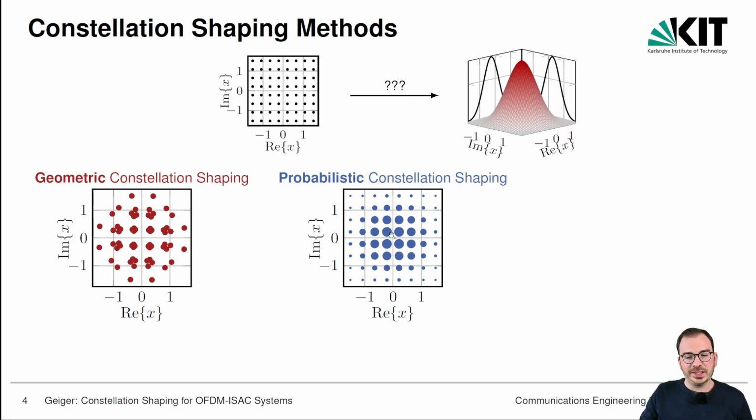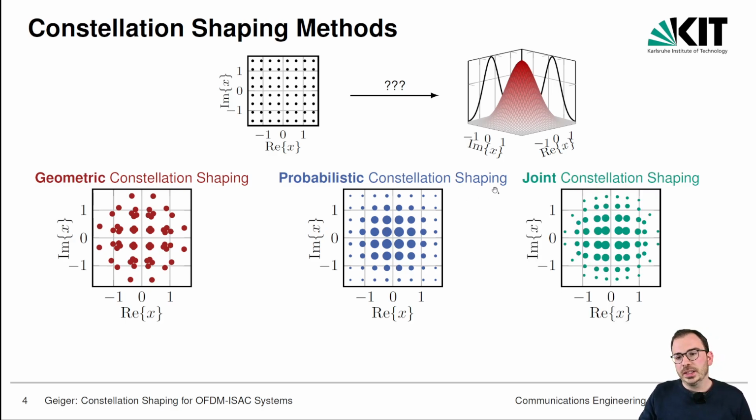So here the size of a constellation point corresponds to its probability of occurrence. And finally, there's joint constellation shaping, where we optimize the location and also the probability distribution of these constellation points. So this shows that we can actually use the channel input distribution, or at least the constellation, as an additional degree of freedom when we design ISAC systems.